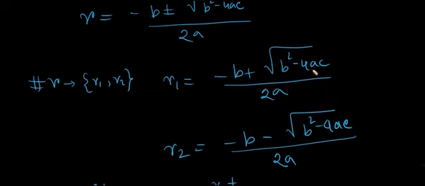When b squared minus 4ac is greater than 0, that means r1 and r2 are not equal to each other and they are real and distinct. At the same time, if b squared equals 4ac, that means r1 and r2 are equal. And if b squared minus 4ac is less than 0, that means the roots are complex.